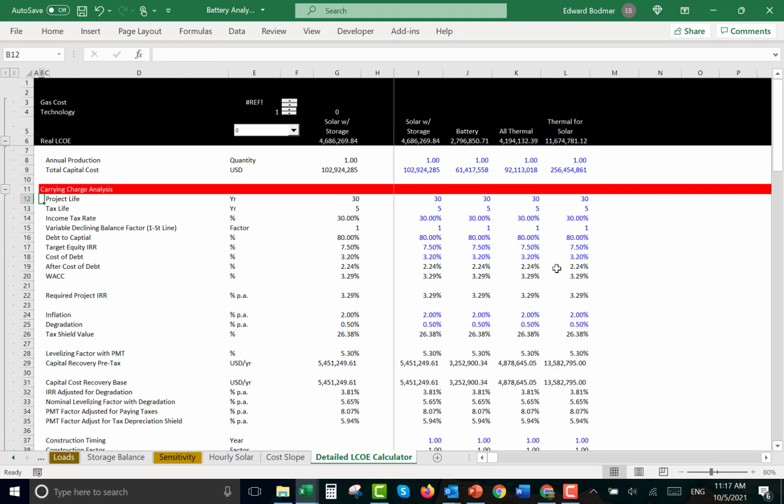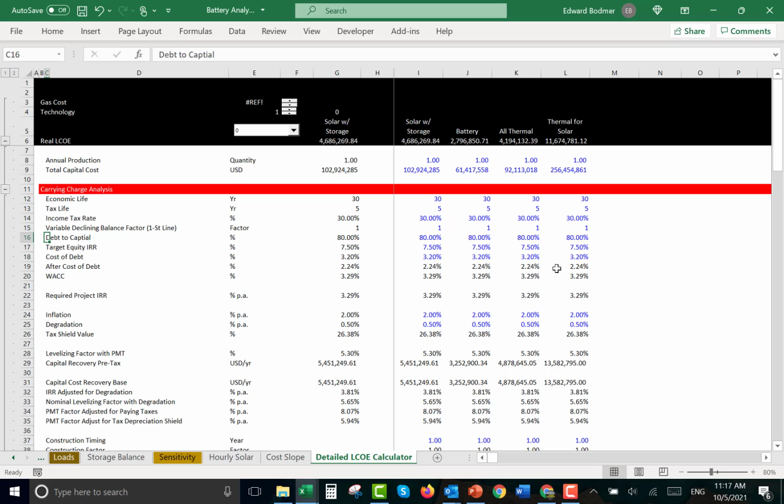Okay, so that's what we start with, and then we've got to put in our operating life, economic life. I should even call that economic life. And then we'll put our tax life, our tax depreciation, and we'll assume debt to capital.